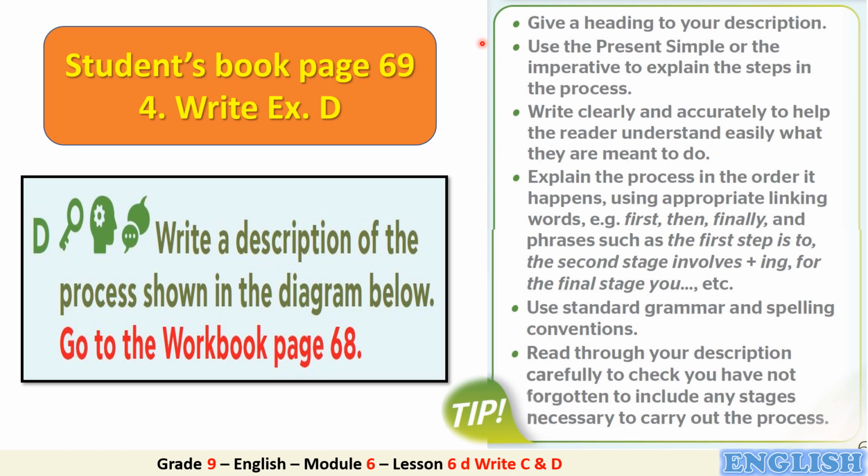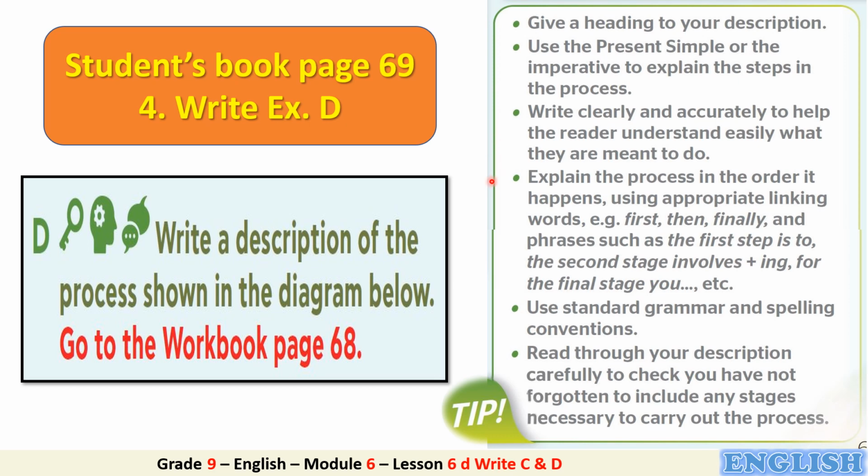Before we start writing the description for this process, let's read these steps together. Give a heading to your description. Use the present simple or the imperative to explain the steps in the process. Write clearly and accurately to help the reader understand easily what they are meant to do.